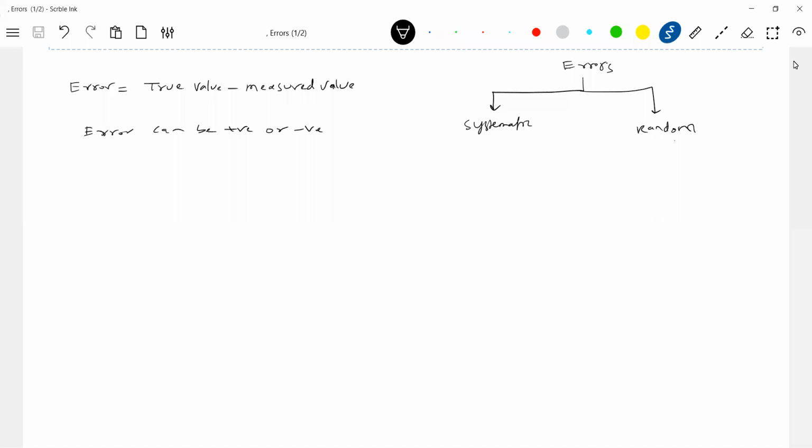You take any engineering field, what is the biggest trouble for you? Error. How much you minimize error, that much you will become popular or become a good engineer. It is so challenging for an engineer that it will really kill him, this error. I'm telling you this, and as we enter the numericals, you can see that, especially random error. First we'll focus on systematic error.